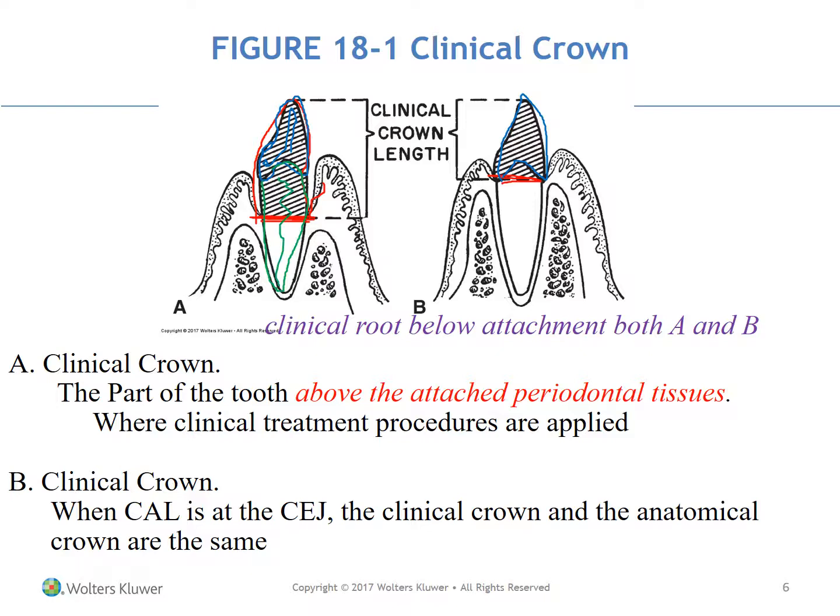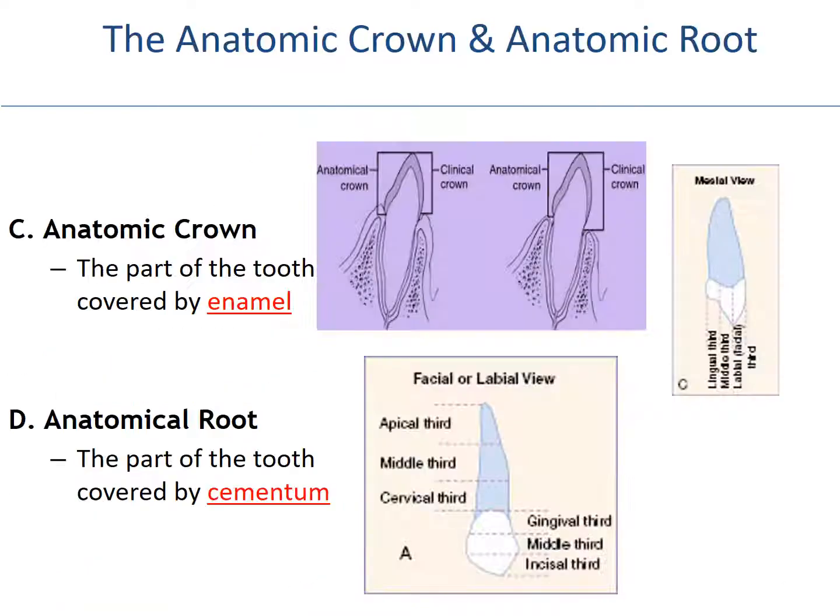So that's all in green, okay? And on the right-hand side, anything below the attachment is going to be the clinical root, okay? So hopefully that makes sense to you. If it doesn't, please let me know. Okay, here we are emphasizing it again because it is important that you understand which one is which.